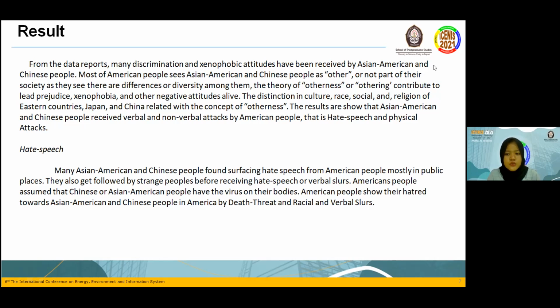The results show that Asian American and Chinese people received verbal and non-verbal attacks from American people, that is, hate speech and physical attacks. Hate speech: many Asian American and Chinese people encountered hate speech from American people, mostly in public places.